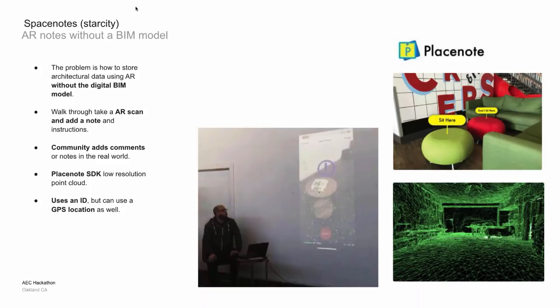They came up with a solution of using an AR scan of the building, and they used an open source SDK called Place Notes. The idea was that you would come in as an architect and put notes about your building that later people could walk through and read, information that the building might hold. But it also might be community driven.